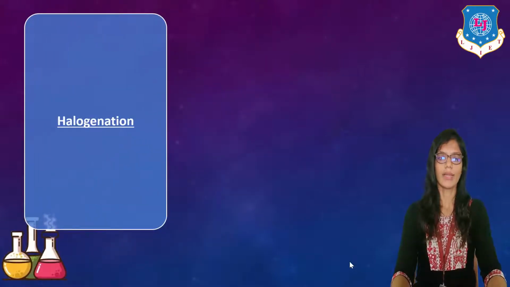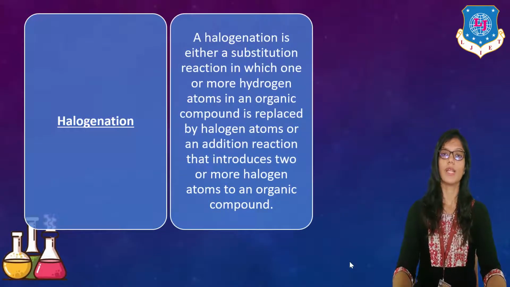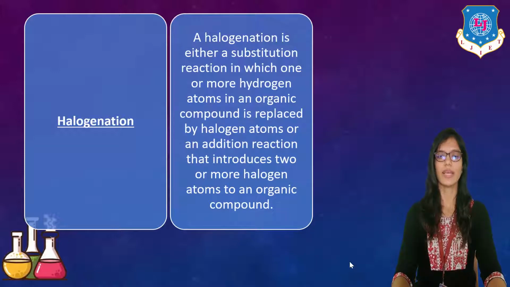Now let's move ahead to the next one, which is halogenation. Very important organic process. Halogenation is either a substitution reaction in which one or more hydrogen atoms in an organic compound are replaced by halogen atoms, or an addition reaction that introduces two or more halogen atoms to an organic compound.